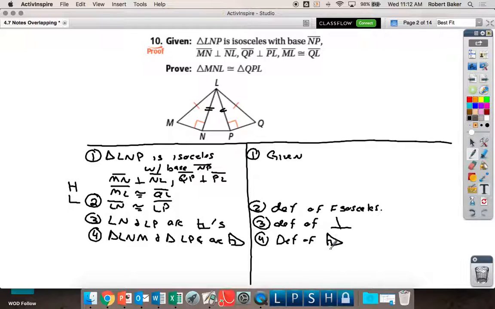So finally, I have an H statement, I have an L statement, I have right triangles. So now that I have right triangles and an H and an L, I can prove the triangles are congruent. So last statement, statement number 5: triangle MNL is congruent to triangle QPL.